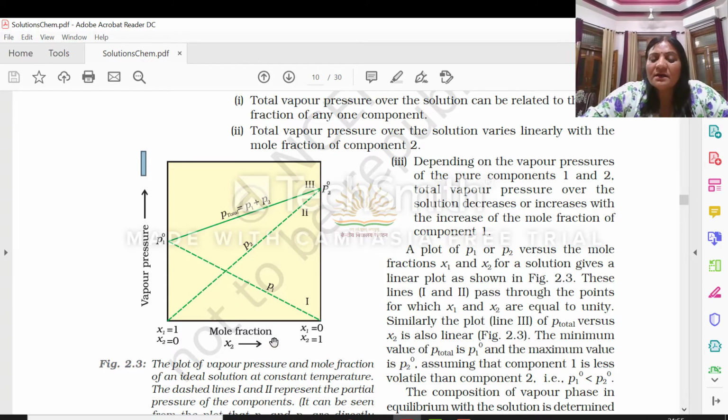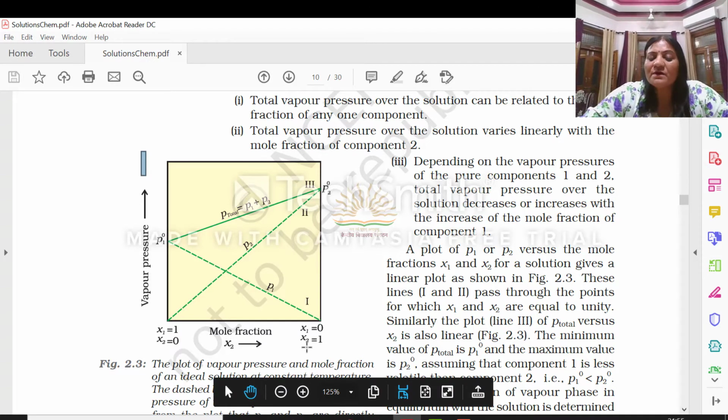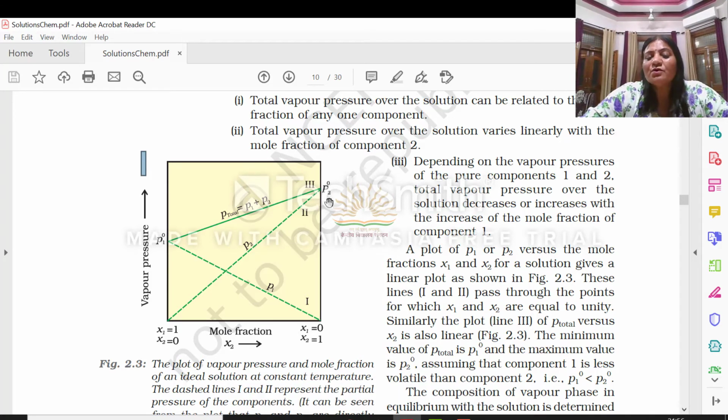Now here the mole fraction of component 1 is equal to 0 and mole fraction of component 2 is equal to 1, meaning there is no component 1, only component 2. Then there is only the vapor pressure of the pure component 2. Now when we add component 2, the vapor pressure of component 1 gradually decreases and reaches 0.